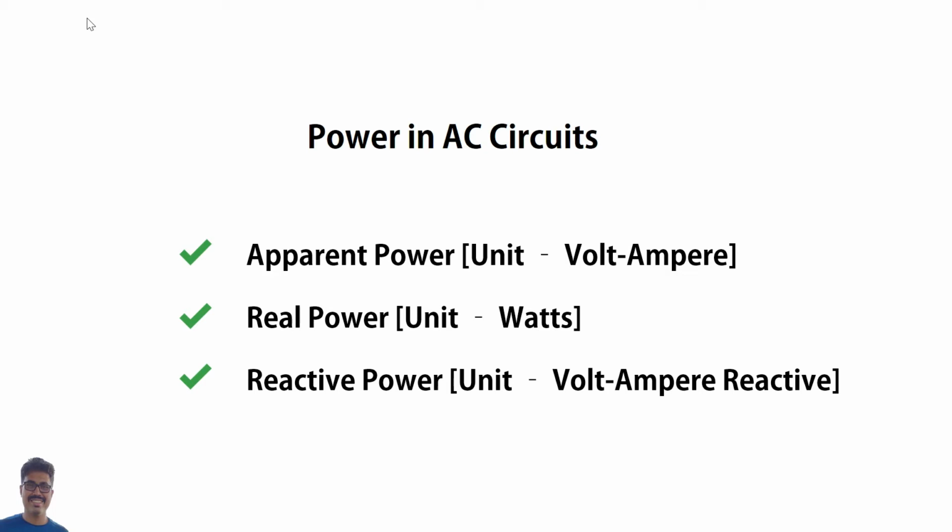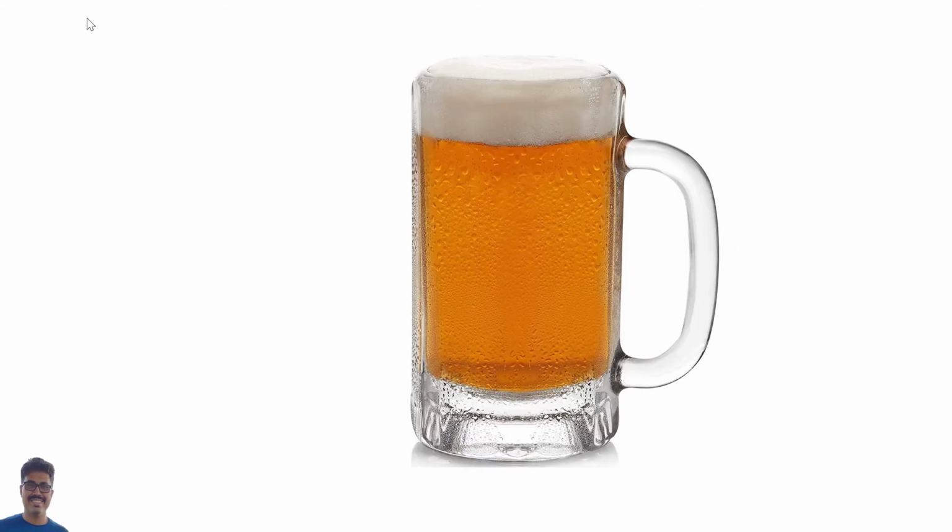I can show you this by an example. You may have wondered why I am showing a beer can. This is the best example, and there are several examples on the internet given using this beer can. I have other examples also, but let me show you with this beer can. The total amount of beer can be compared to the apparent power.